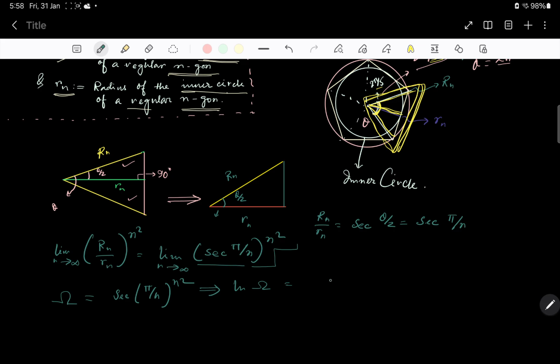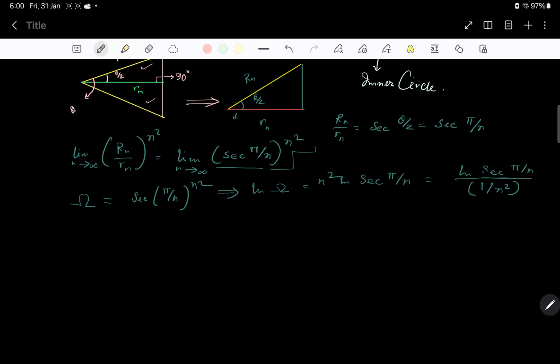That implies log omega equals simply log sec pi by n, and there is an n square outside. So we can write it like log sec pi by n divided by 1 over n square.